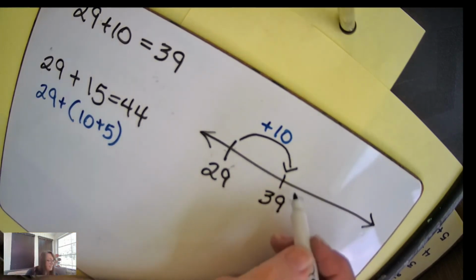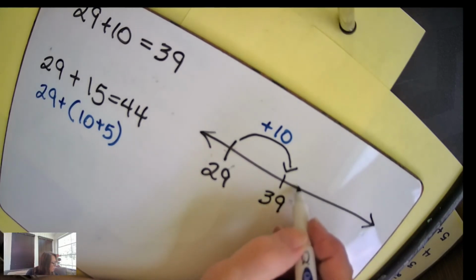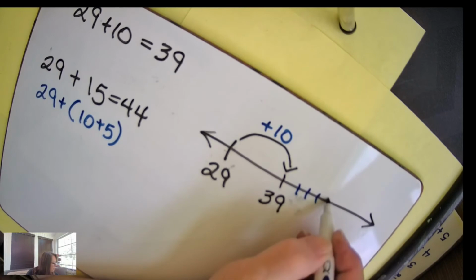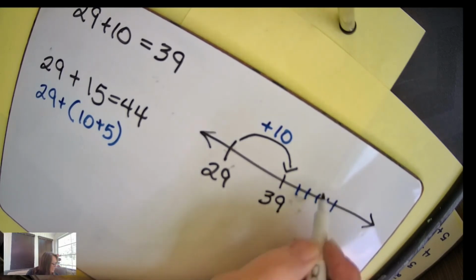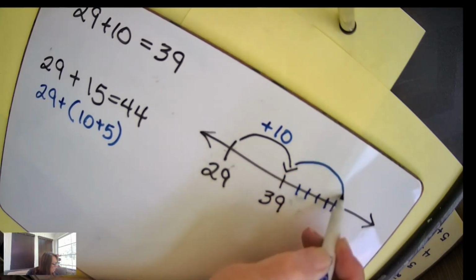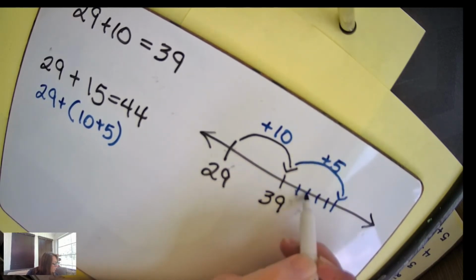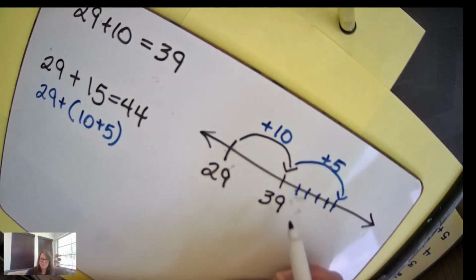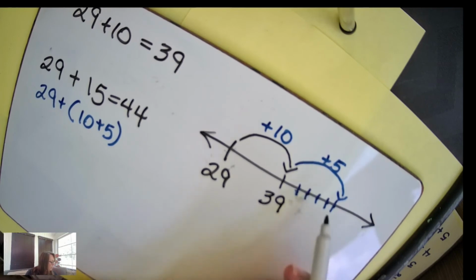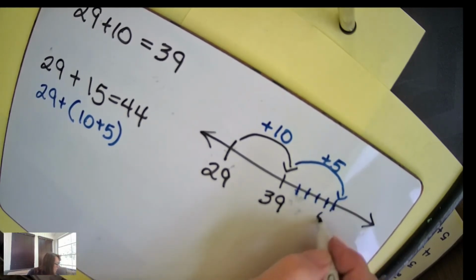Okay, he says he added up one at a time. So, 1, 2, 3, 4, 5. This is plus 5. So that is 39, 40, 41, 42, 43, 44.